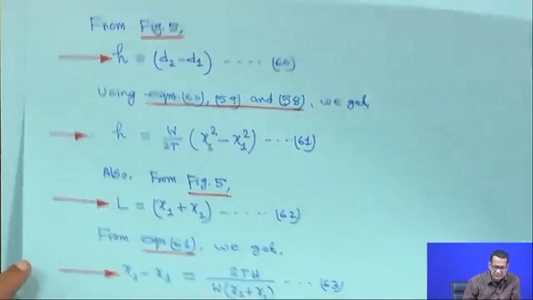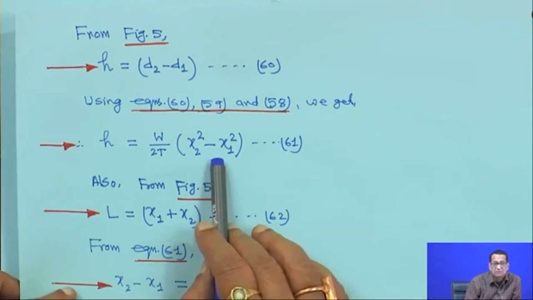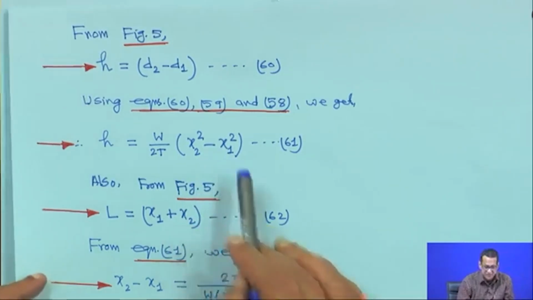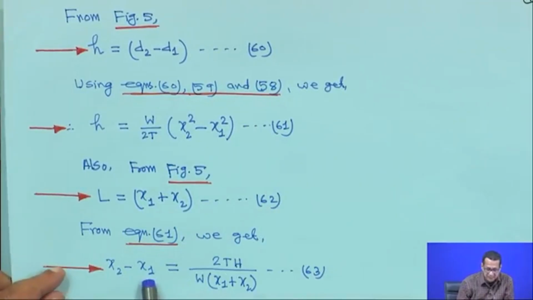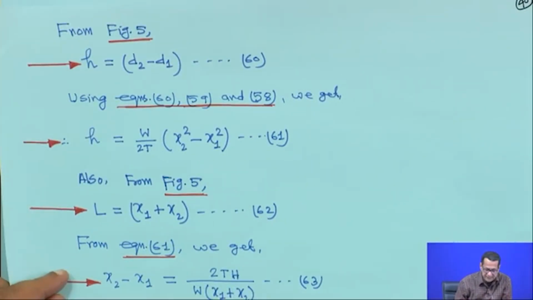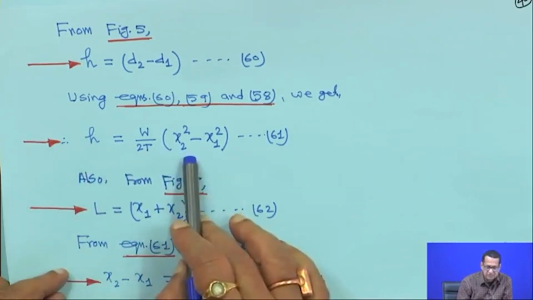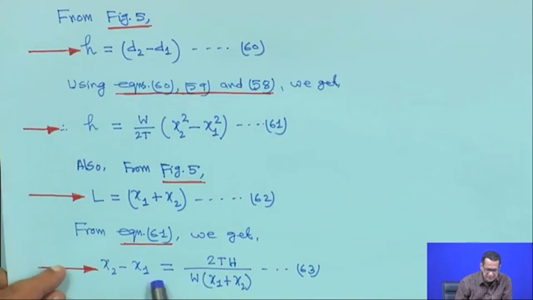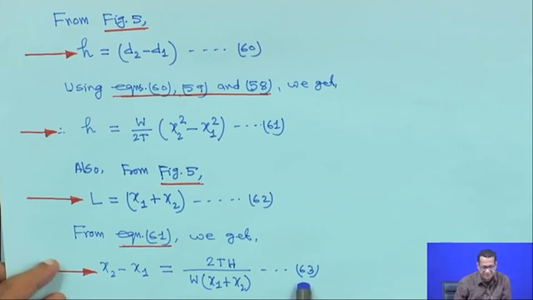Now from equation 61, we can use the a square minus b square formula: x2 plus x1 into x2 minus x1. Cross multiplying, we get x2 minus x1 is equal to 2th divided by w into x1 plus x2, this is equation 63.